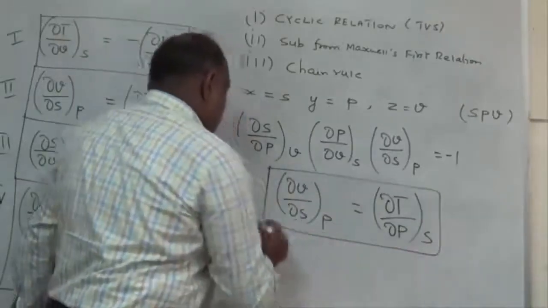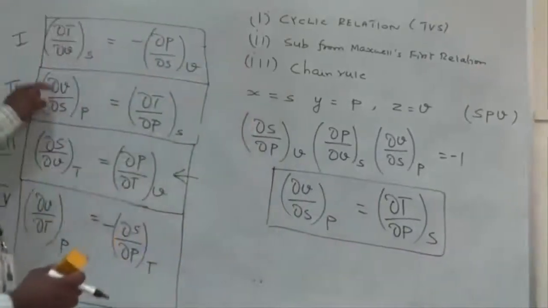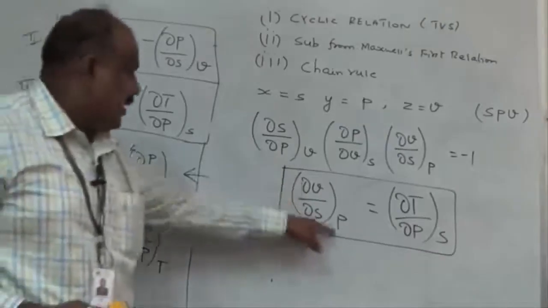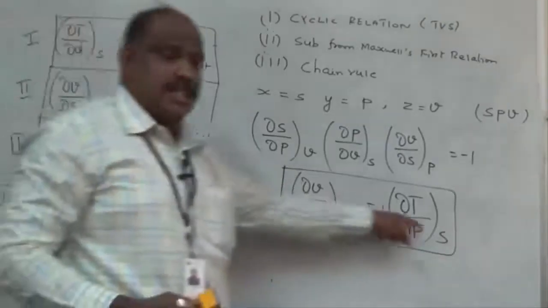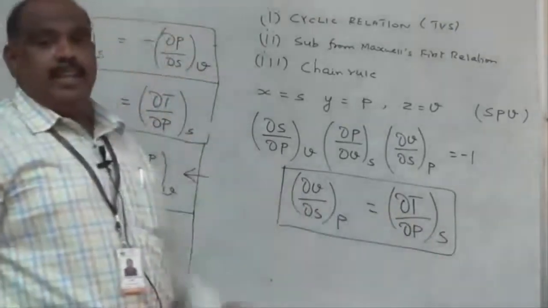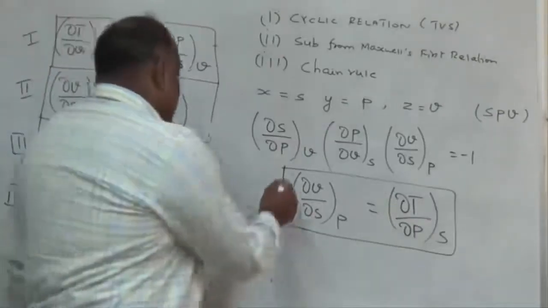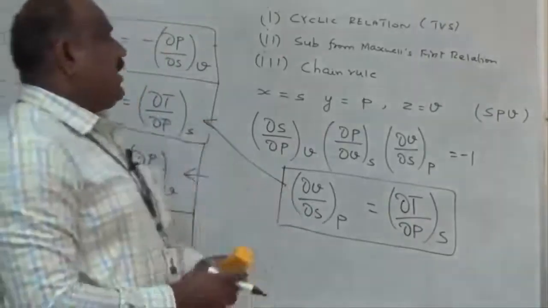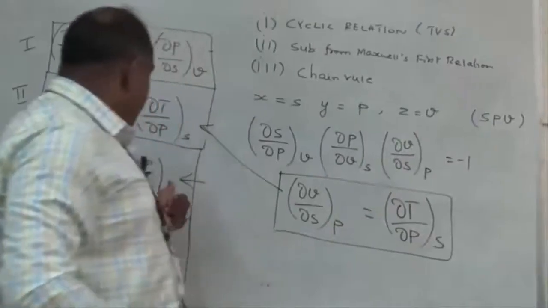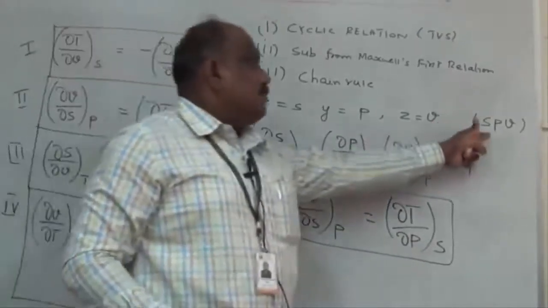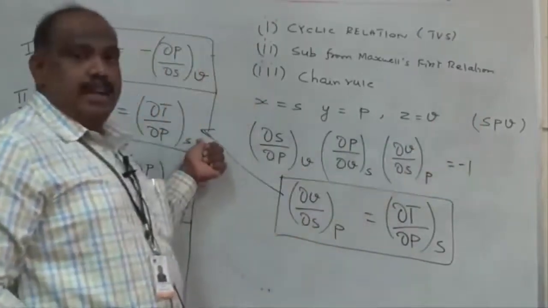So we can see here ∂V/∂S at P equals ∂T/∂P at S. This is nothing but the Maxwell's second relation that we derived. So by taking T, V, S, we ended with the third relationship. By taking S, P, V, we ended with Maxwell's second relation.